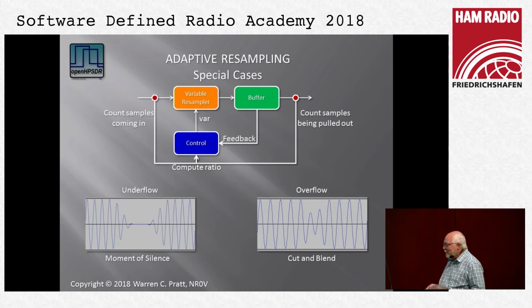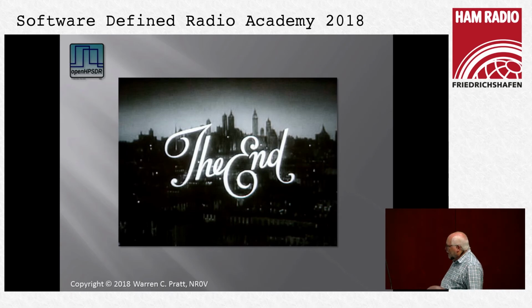And so there are graceful ways to handle that we built into WDSP. For an underflow, ramp down the signal gradually, wait a little while till you collect some more samples, ramp it back up. For an overflow, cut out a section of samples, throw it away, and blend along a raised cosine the signals on each end. So that's there also. And that's it.